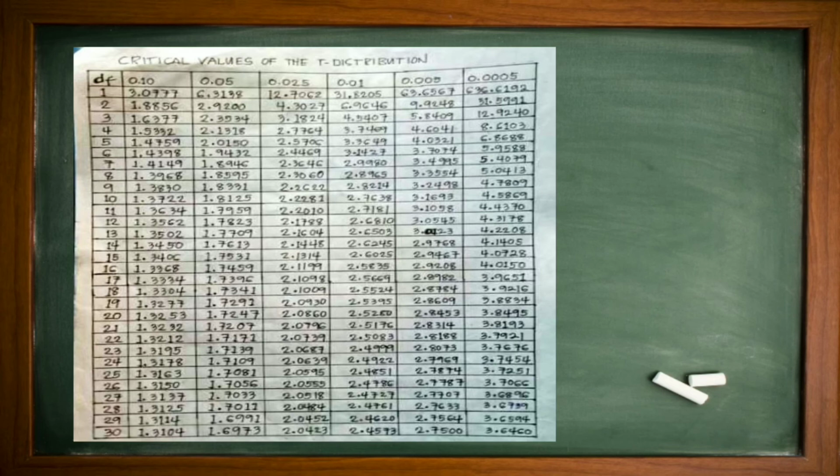So, tignan lang po natin yung 0.10. And then, i-connect lang po natin yung dalawa. Kaya may makukuha po tayong 1.350. Okay, since left tail naman po yung ginamit natin, kaya naging negative po yung ating 1.350.